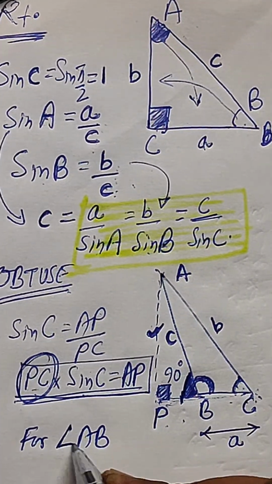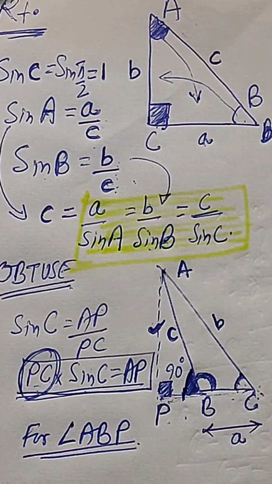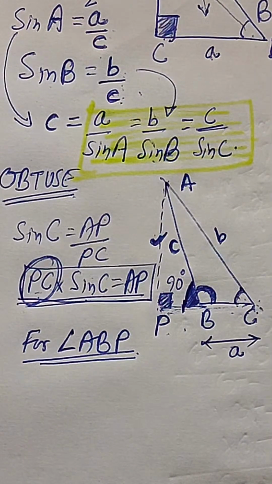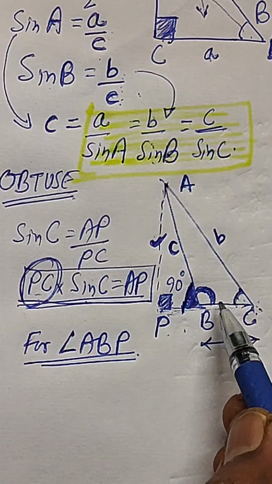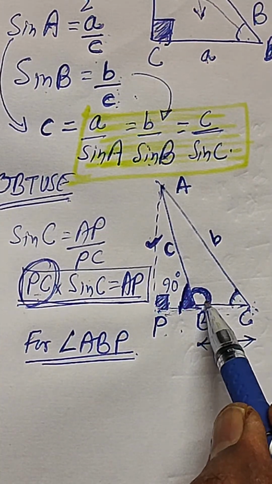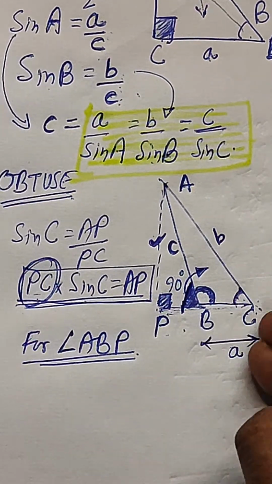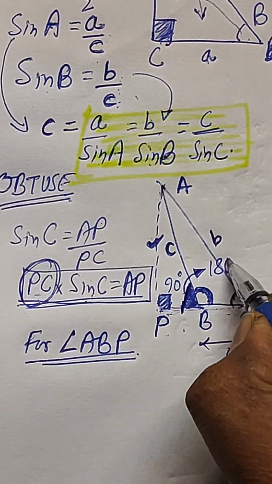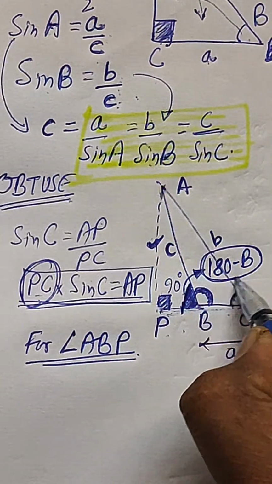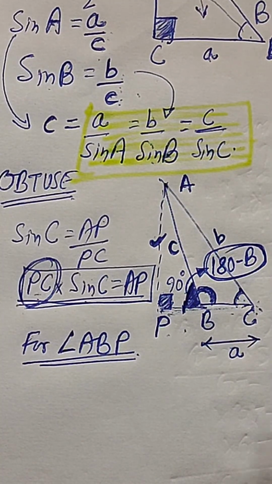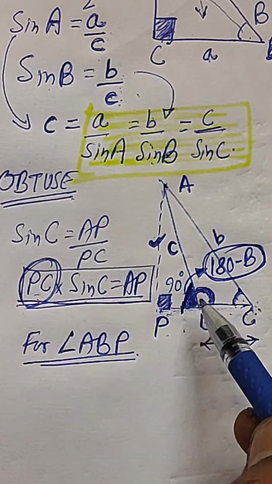For angle ABP, if this is angle B, then this angle will be nothing but 180 minus B, right?